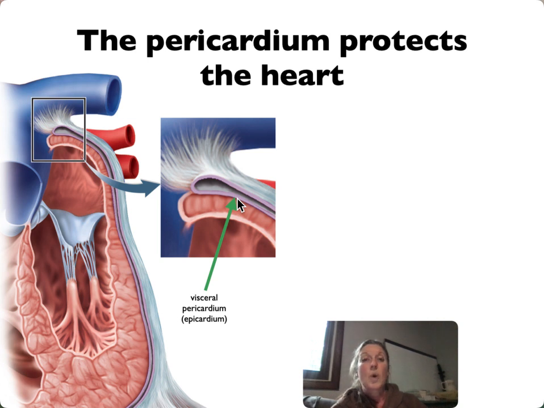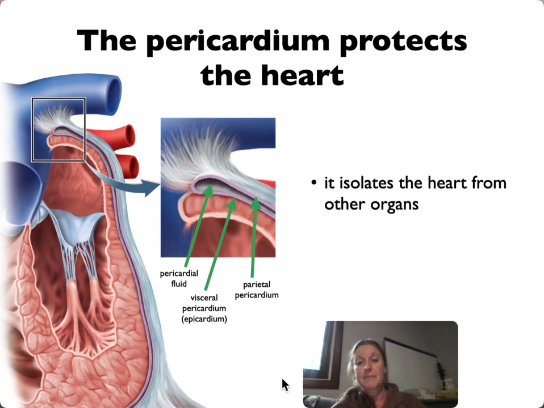Visceral means organ, so this is the layer that's next to the organ. The outermost layer is called the parietal pericardium. And in between those 2 layers is pericardial fluid, which, if you recall learning about serous membranes in A&P1, is how we reduce friction between organs that are moving simultaneously.